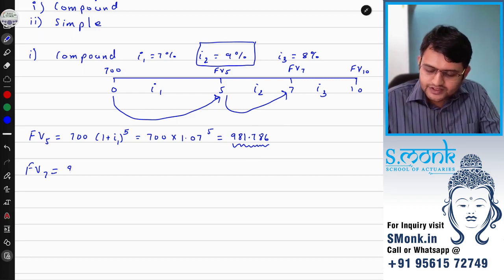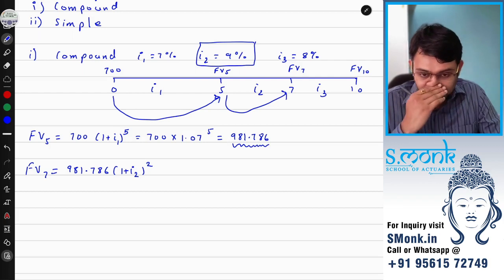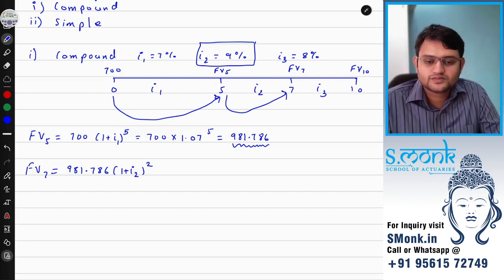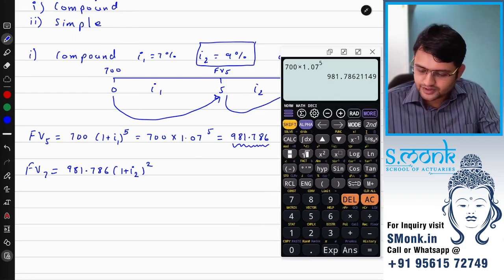Now I can say this 981.786 must be invested for 2 years at this rate of interest of I2. So I2 is 9%.